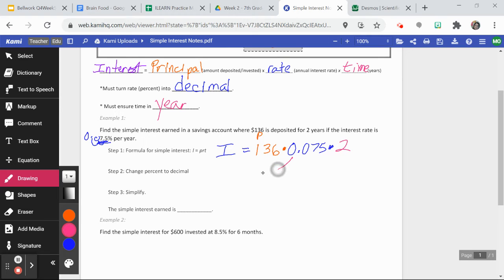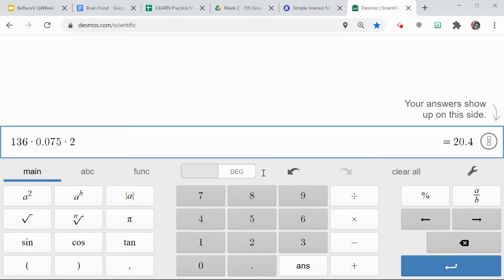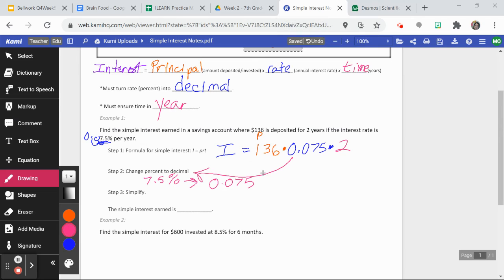Sorry, guys. This is where we turned 7.5 into 0.075. Then we simplified. So how much interest is earned? We have to put it in a money amount. So this says $20.40. And of course, money-wise, put the dollar sign.